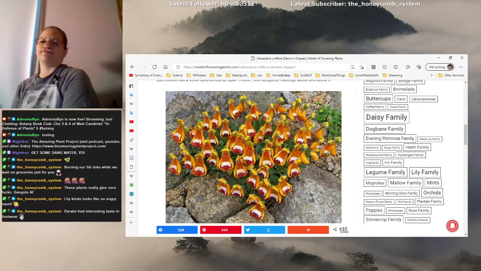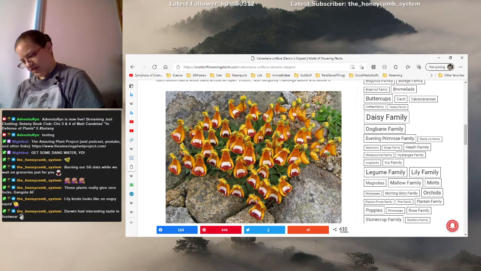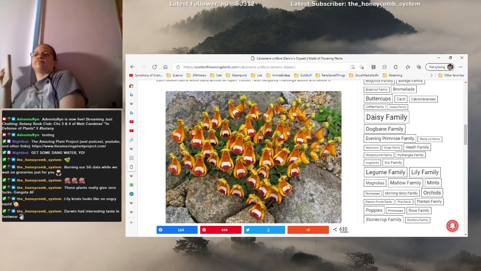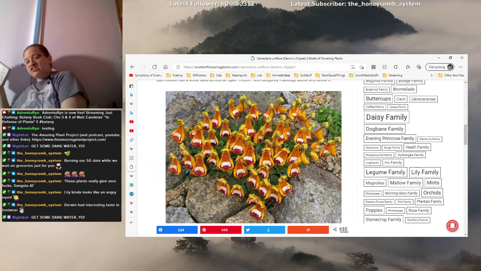Now, these little guys are found in the more or less inhospitable upper craggy peaks of the Andes, where insects aren't really a prevalent thing.